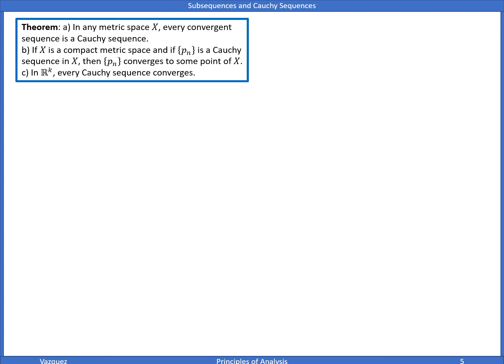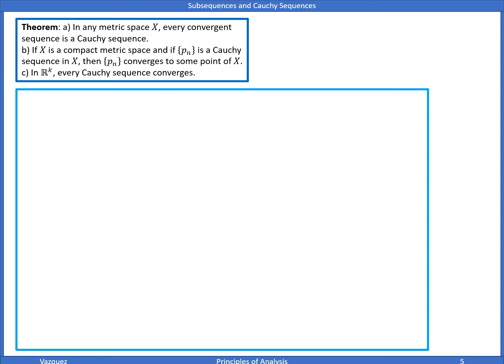Okay, so the proof of A is fairly straightforward. If P sub n converges to P, and if epsilon is greater than 0, well then we just get that the distance is less than epsilon. Basically, it's the definition of convergence that we're stating.